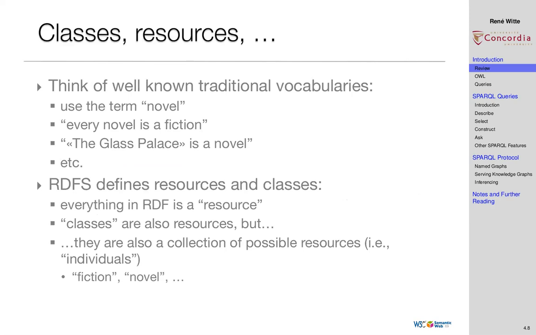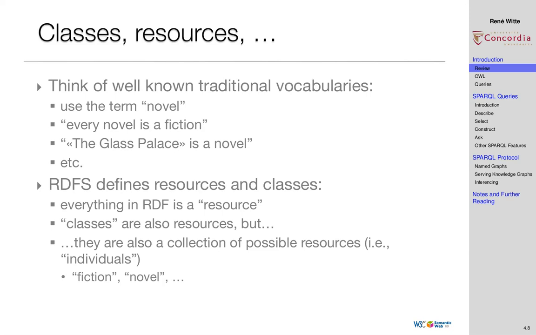So if you think of traditional vocabularies, you have kind of a shared understanding of something like a book, a novel, of hierarchies between the terms, that every novel is a fiction, and of instance relationships, like we looked at the book The Glass Palace, and this is of type novel.